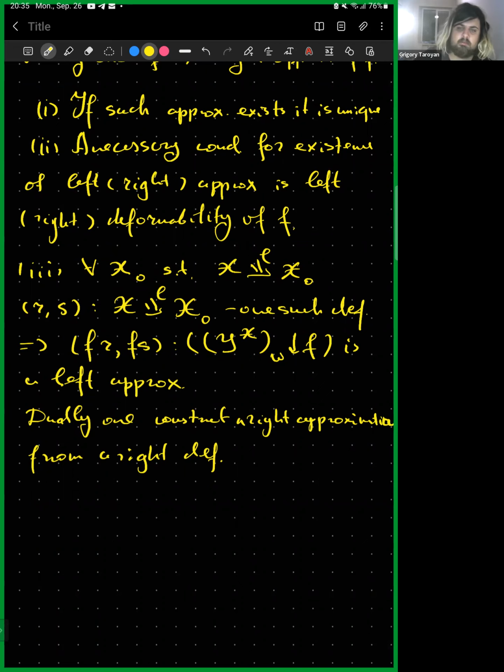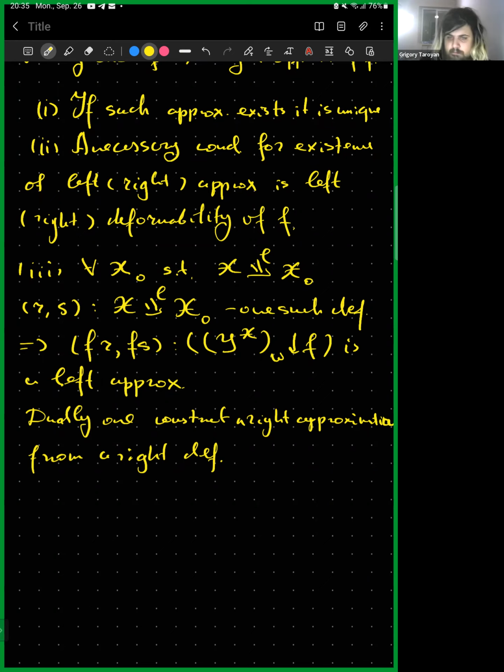Okay, so now to a more tricky part. We want to have something similar to what we have with Quillen functors. Namely, we want to compose deformable functors and obtain a deformable functor. However, this is not the case, and the composition of deformable functors is not necessarily deformable.